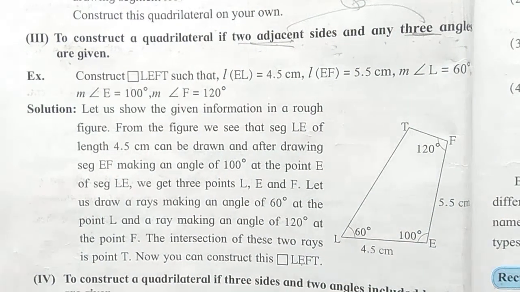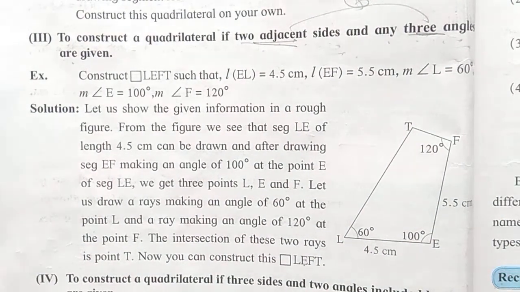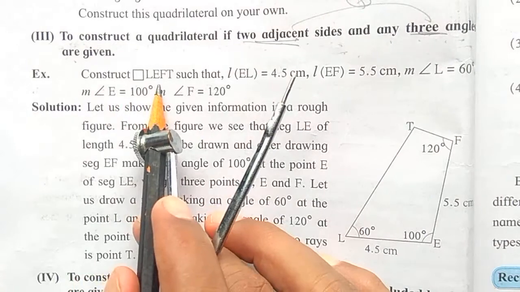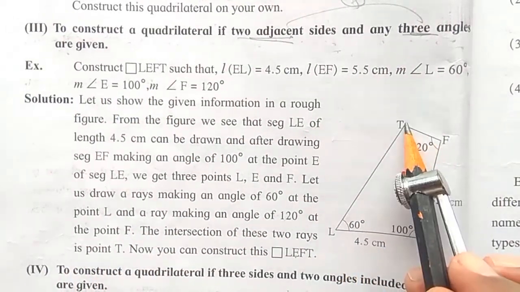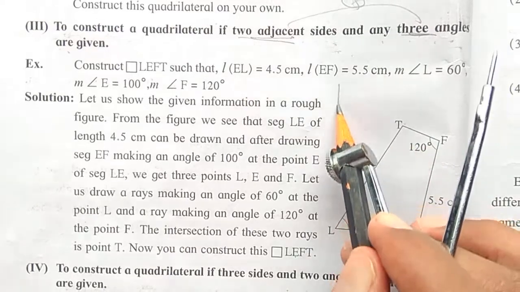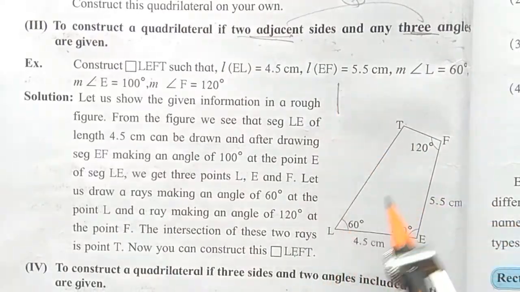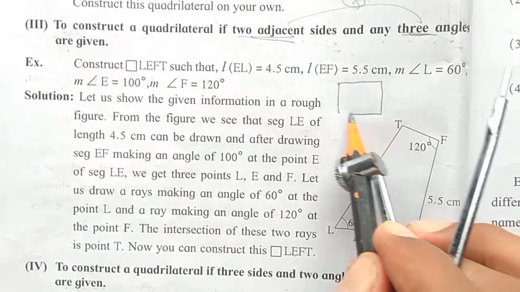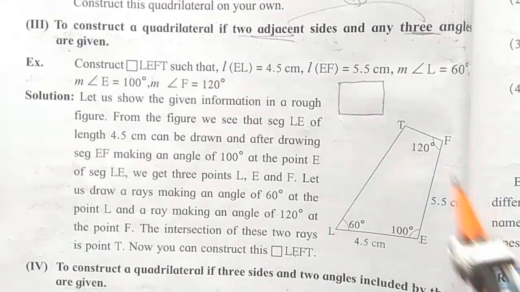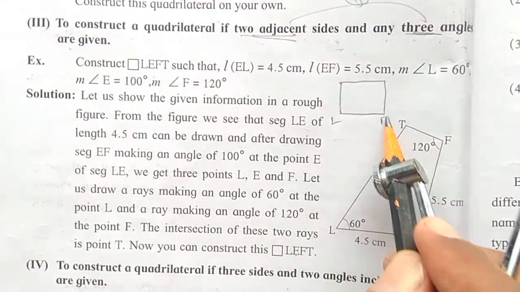Right? So 5 elements are very necessary. Construct quadrilateral LEFT. Here LEFT. This is only our rough diagram. How you draw? Suppose now before construction we don't know how the diagram will be. Okay. So LEFT.